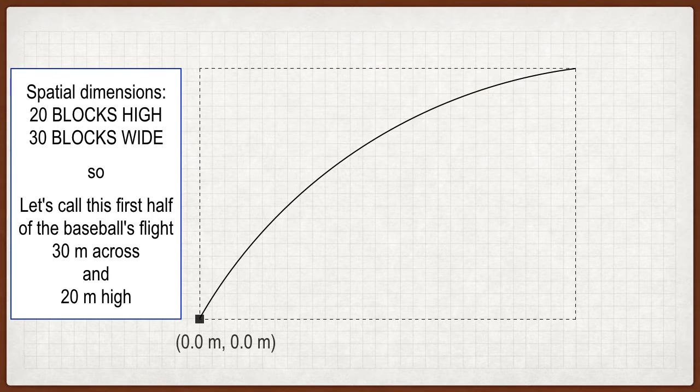Anyways, if we declare this point down here where the baseball starts, the initial position, let's just call it 0, 0 in meters, just for convenience. Then 30 meters across and 20 meters high is point A up here.